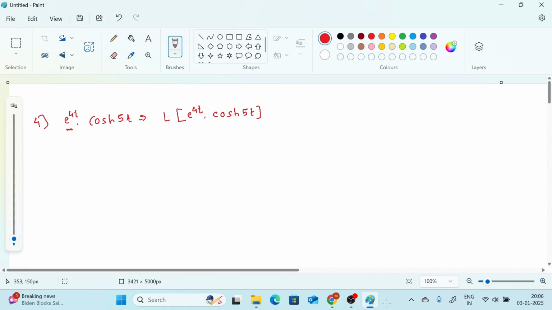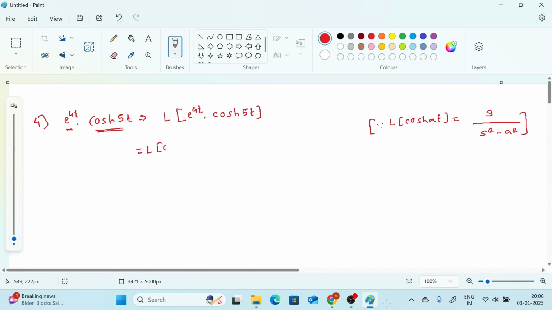Now here we have cos of hyperbolic 5t. Now what do we have? Laplace of cos of hyperbolic at is equal to s upon s square minus a square, right? Now what we can write?